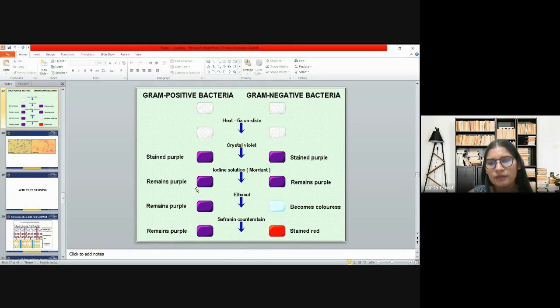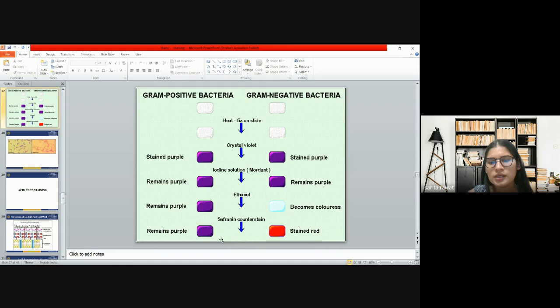For example, we have taken crystal violet, then it is stained both the bacteria in the purple color. Then we take a moderate stain which fix their color. So we take iodine solution. Then we take a decolorizer, ethanol, which decolorize the gram negative bacteria.